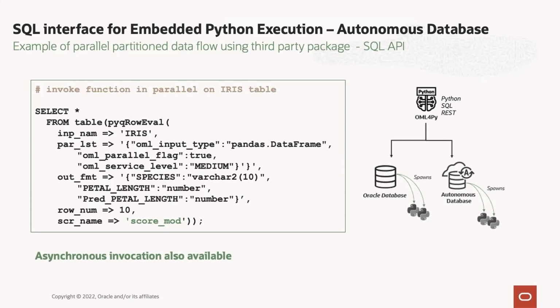And as a note, the autonomous database offers parallelism through different service levels. The service levels low, medium, and high control the degree of parallelism for jobs, and we'll cover this in more detail later in the presentation as well. Lastly, we specify the desired output format with species being a varchar and petal length and predicted petal length as numbers, specify 10 rows per invocation, and lastly, the function name, and in this case it was scoreMod.